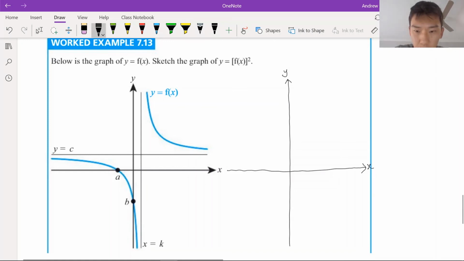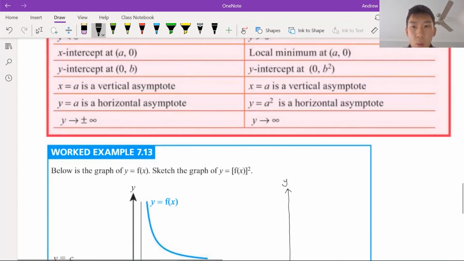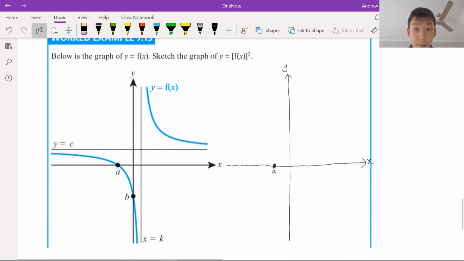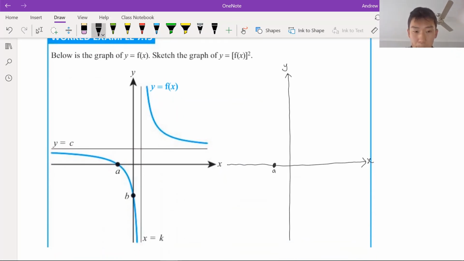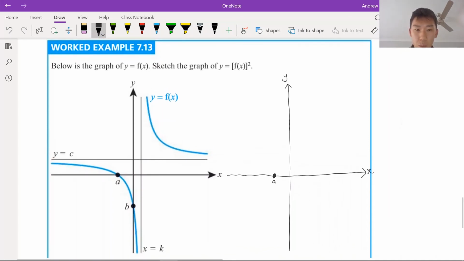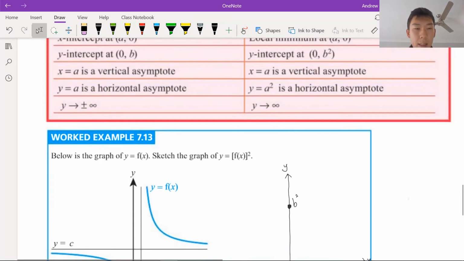So this point here, A, is going to be a local minimum. And then our y-intercept will just be squared because we're squaring it, so b will become b squared, which is now going to be higher up here somewhere. We don't know how much it is, so we're just guessing.